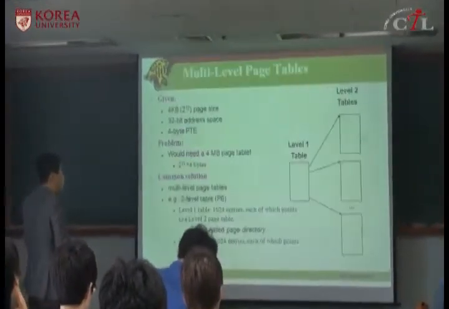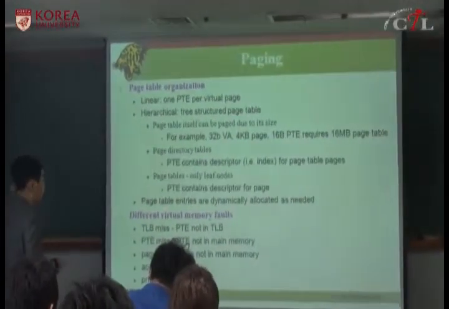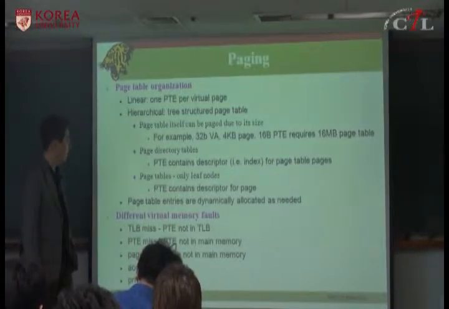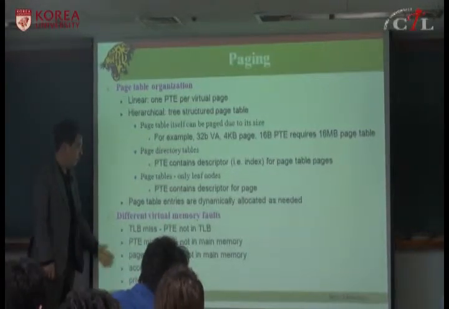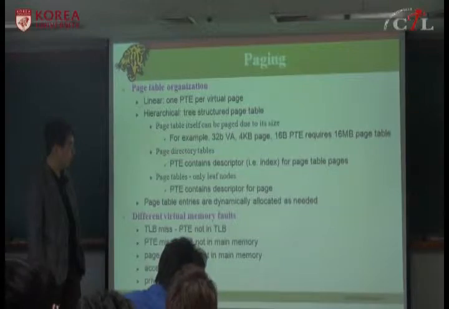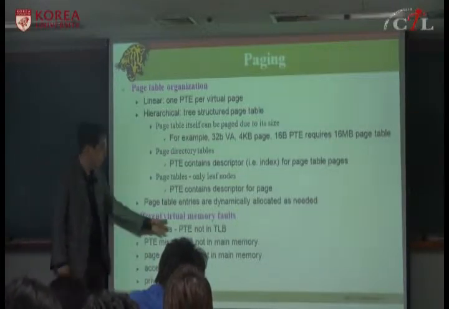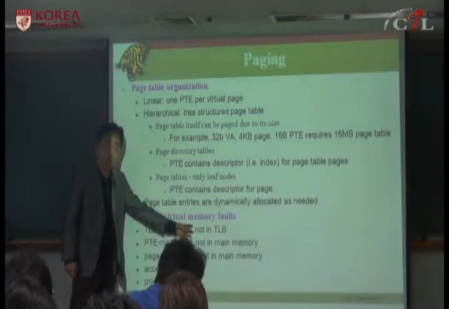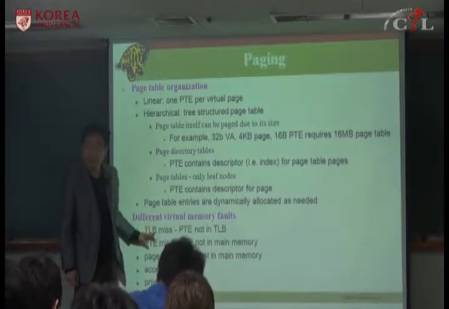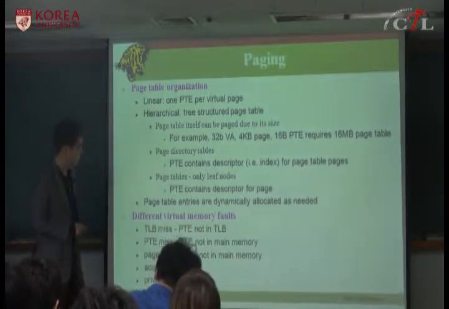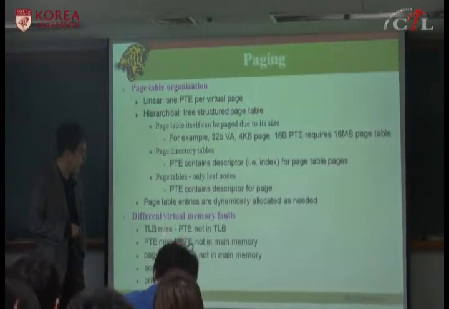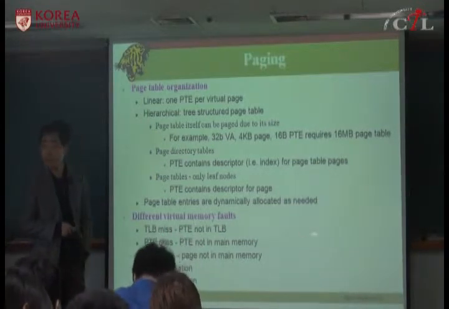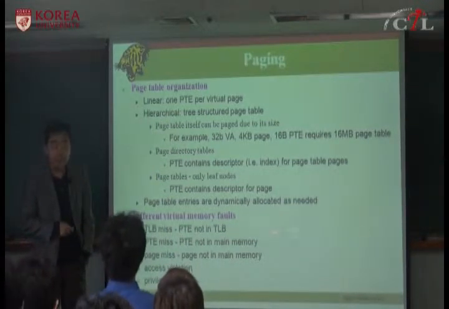Okay. So there are multiple different virtual memory faults. If the page table entry is not in the TLB, this is called a TLB miss. Sometimes on a TLB miss, you try to find this page table entry in main memory, right? But it may not be in main memory.